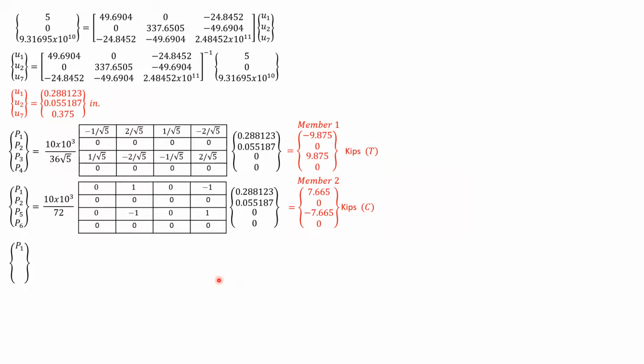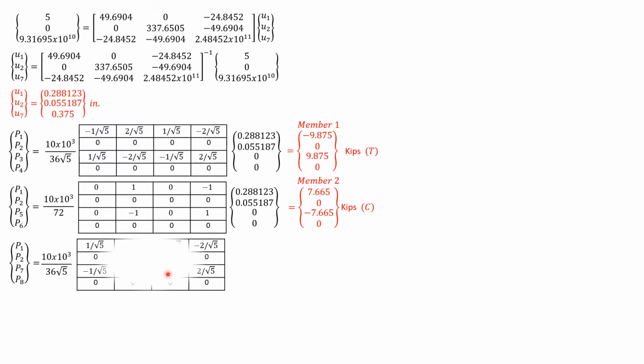That's member 2. For member 3, P1, P2, P7, P8, then it's 10 times 10 to the 3 divided by 36 square root of 5 times the cosine, which was positive 1 over square root of 5, and the sine was 2 over square root of 5.